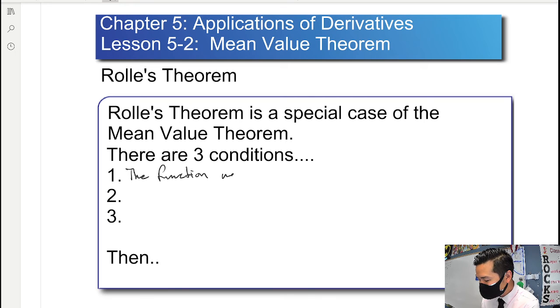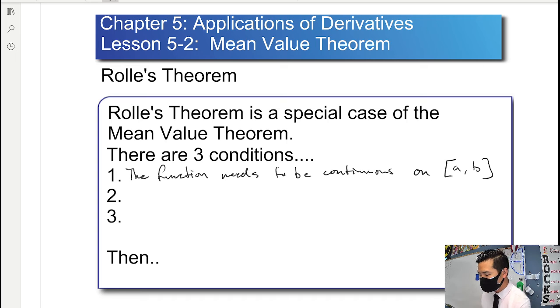The function needs to be continuous on A and B, closed interval.